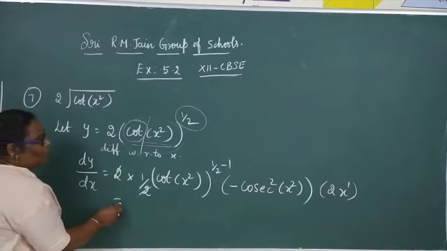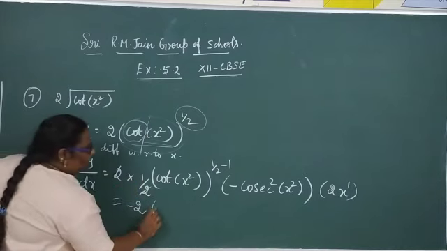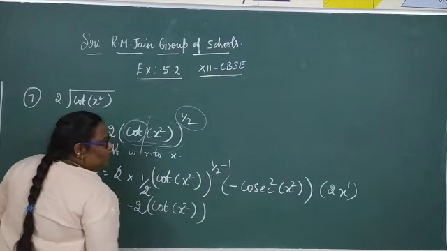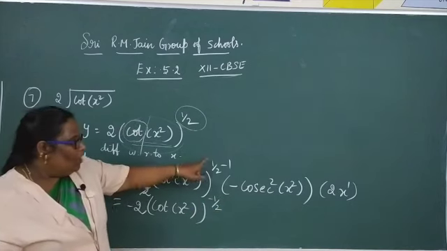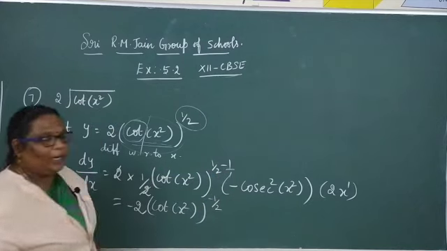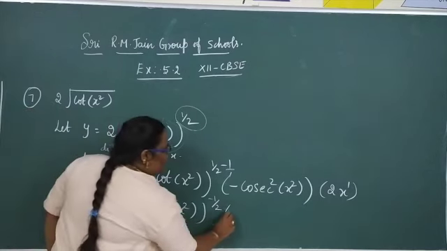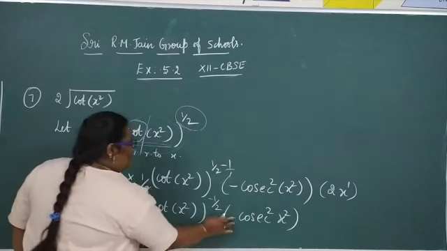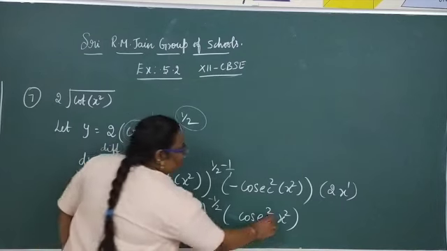See here, 2 gets cancelled. So what is the value? Minus 2 into cot of x square whole power. You can take the LCM. You get the value minus 1 by 2, because 1 minus 2 by 2, it's nothing but minus 1 by 2, into minus cosecant square into x square, because I write minus here.